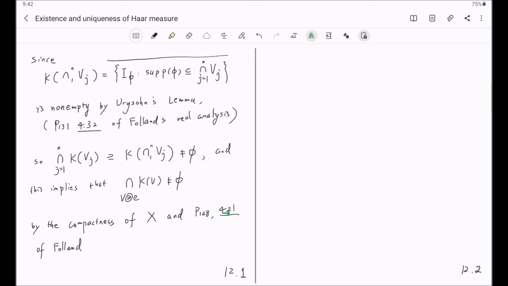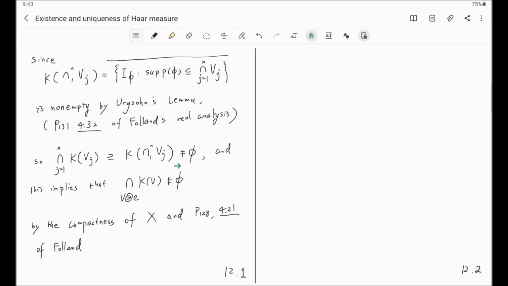This proposition tells us that in a compact space, to show that the intersection of a possibly infinite family of closed subsets is non-empty, it suffices to show that for any finite subfamily of that infinite family, the corresponding closed subsets have non-empty intersection.